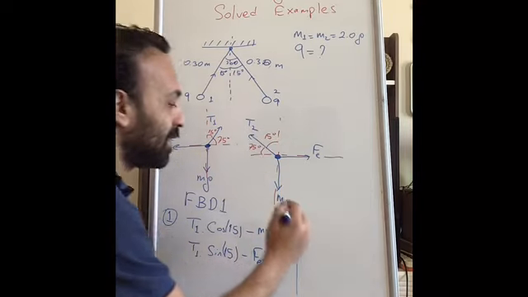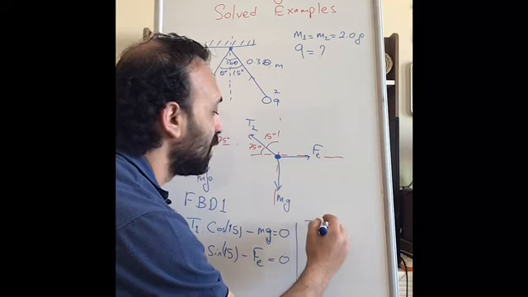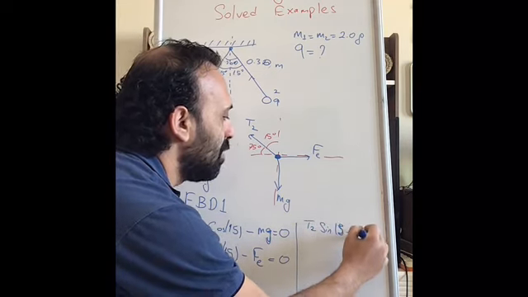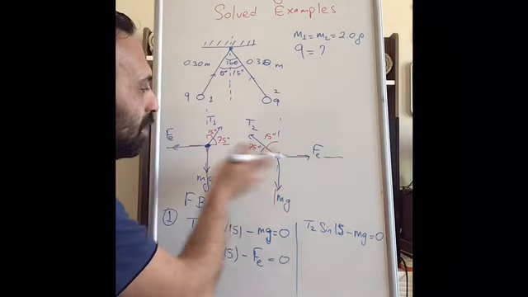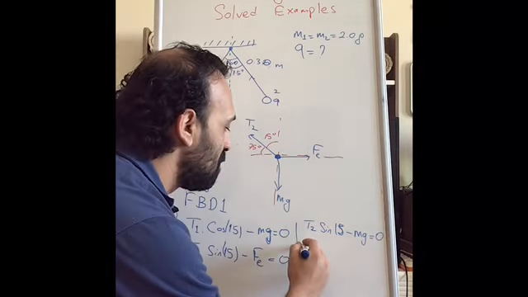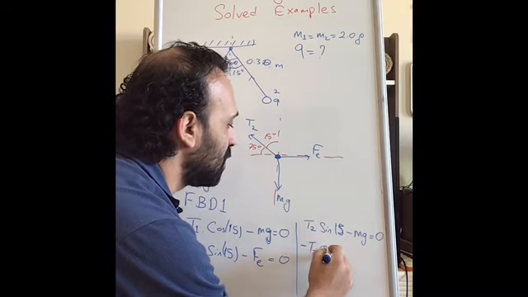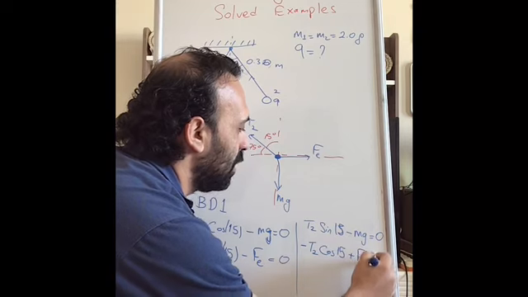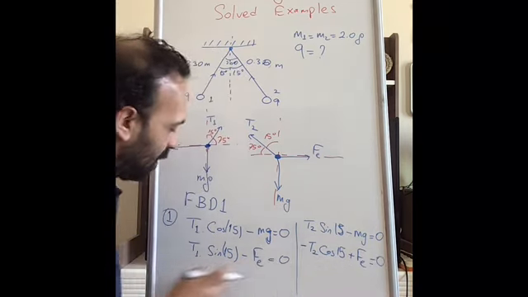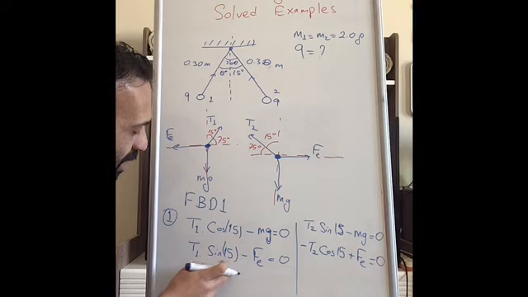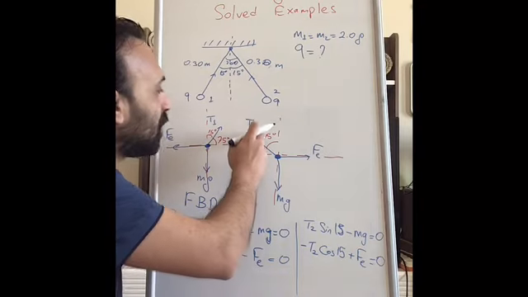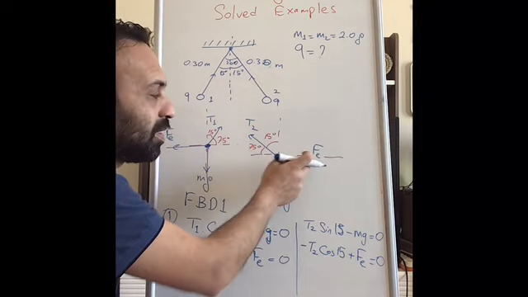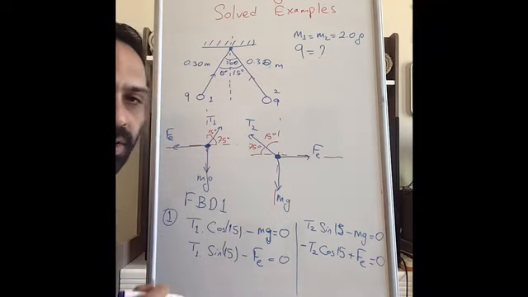Along the vertical axis, we have T2 times sine 15 minus mg equals 0, and horizontally we have minus T2 times cosine 15 plus Fe equals 0. Why do we switch the signs compared to the second equation of the first free body diagram? Because now the horizontal component of T2 is in the negative direction, while the electric force on the second sphere is in the positive direction.